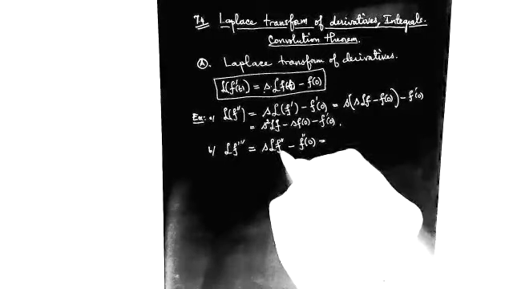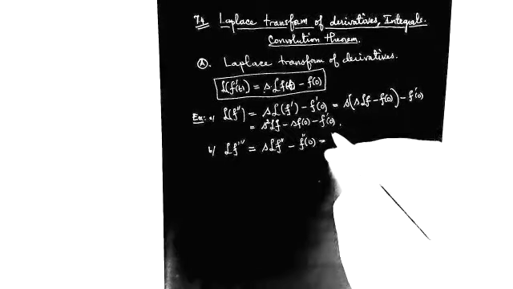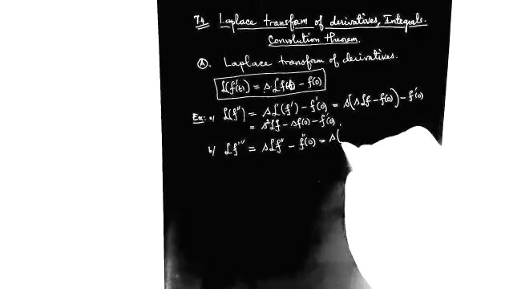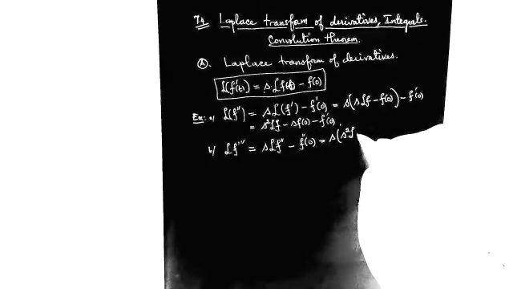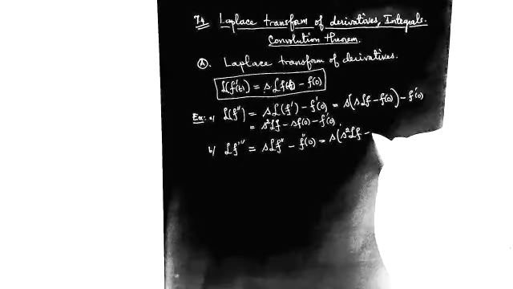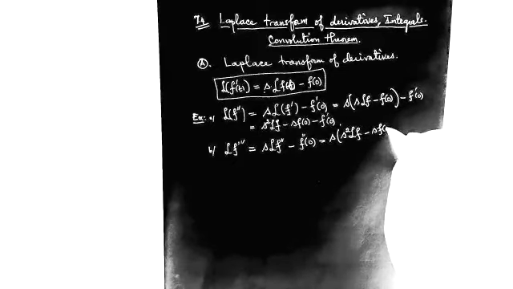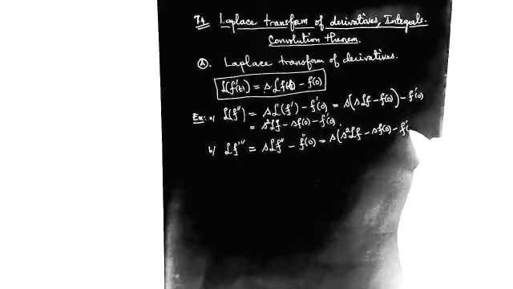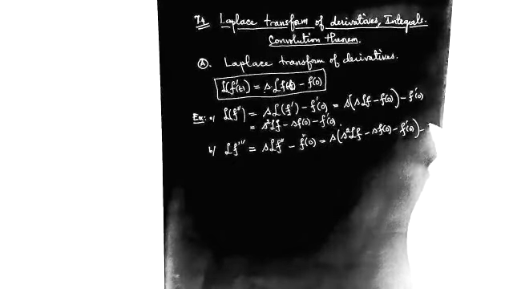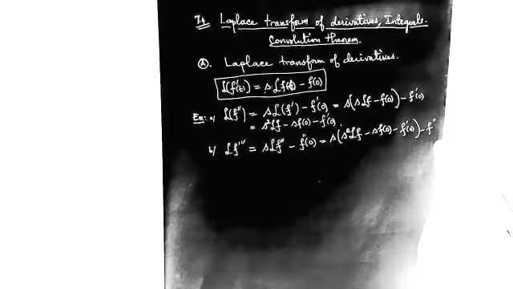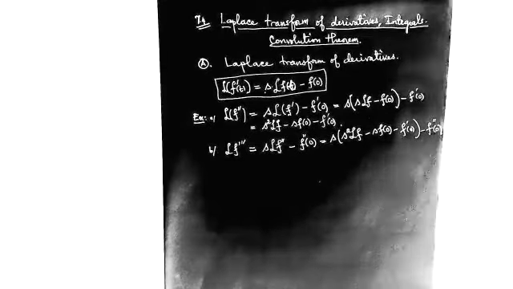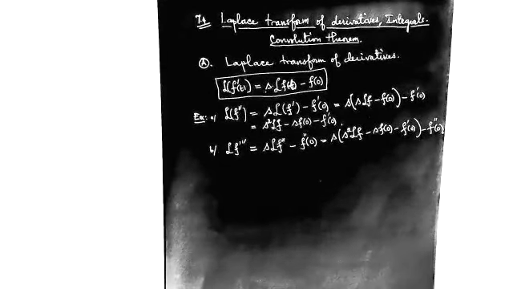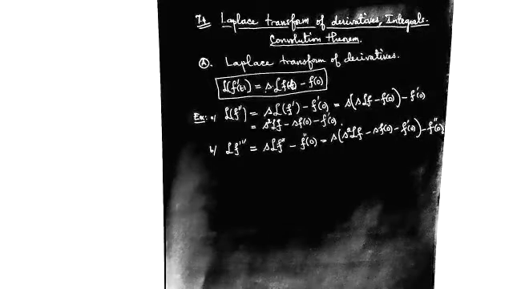And the Laplace transform of the second derivative is found above. So that's s squared Laplace transform of f minus s f of 0 minus f prime of 0 minus the second derivative at 0. And you can do that as much as you need, depending on the problem that you have to solve.